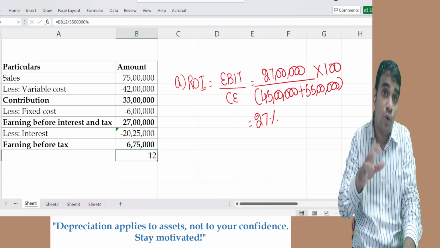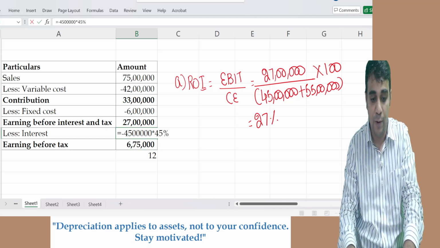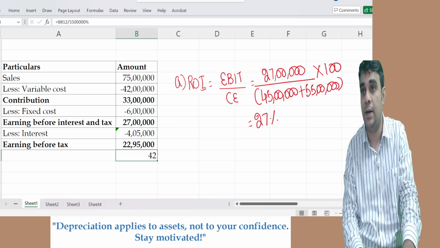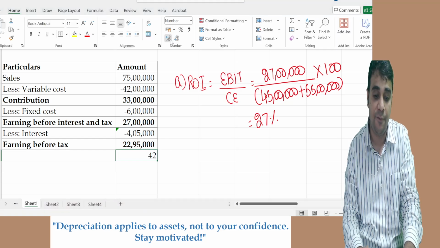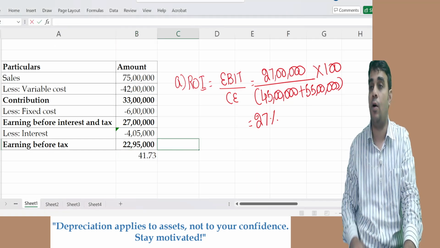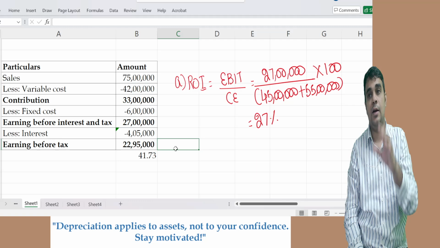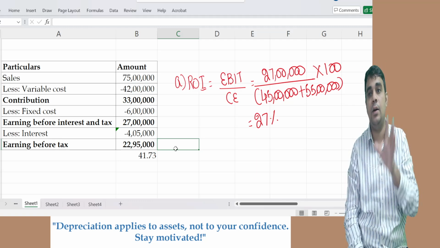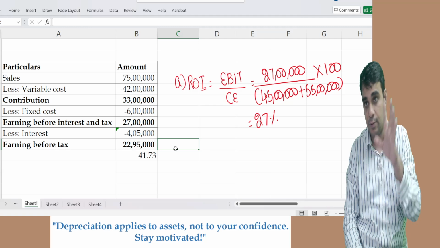And if interest is lower than the ROI, equity guys are very happy. In this example, if you pay only 9%, equity guys will end up earning 42%, because they are getting 22.95 lakh on a base of 55 lakh. What the concept says is, if you are paying more to the debt guys, the penalty will come to the equity guys. If you pay less to the debt guys, equity guys will be very happy.